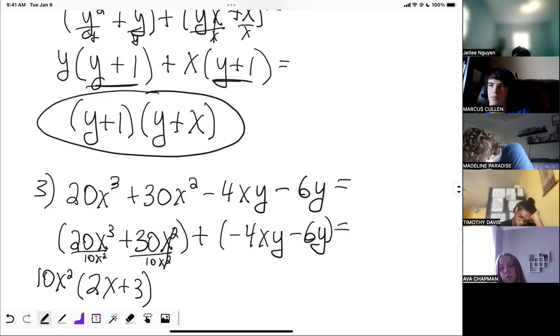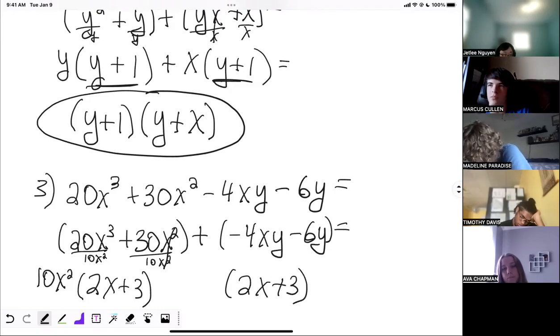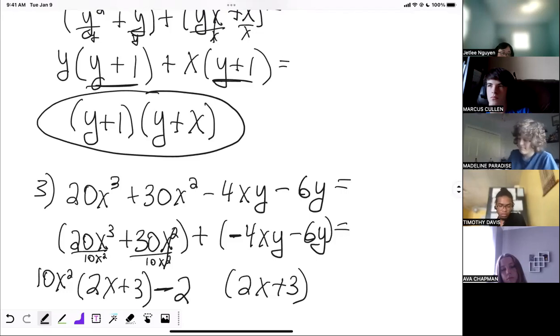So now your goal is to get 2x plus 3 here. That means it worked. And if not, then we'll have to go back and look. But what can I factor out? Well, first, it starts with a negative. I gotta factor a negative out, and I can divide 4 and 6 by 2, and I can divide both of them by y. So I can factor out negative 2y.